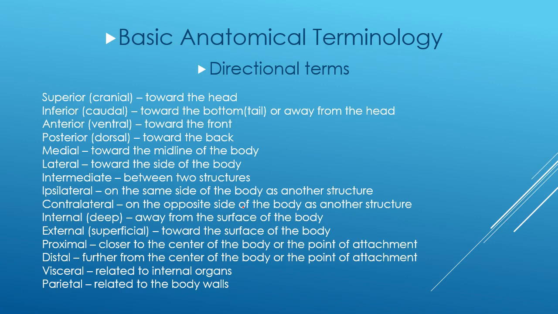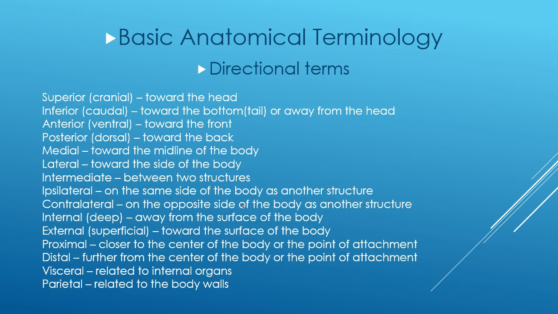So proximal means closer to the center of the body or the point of attachment, meaning closer to the shoulder. So the elbow is proximal to the wrist, meaning the elbow is closer to the shoulder than the wrist is. Distal is just the opposite. The wrist is distal to the elbow, meaning it is farther away from the attachment point.